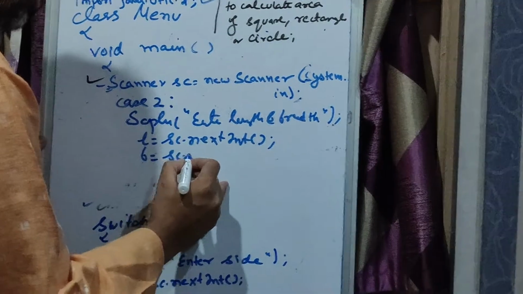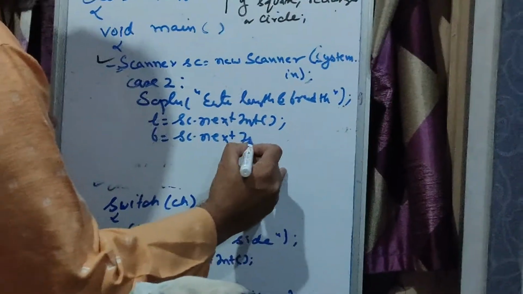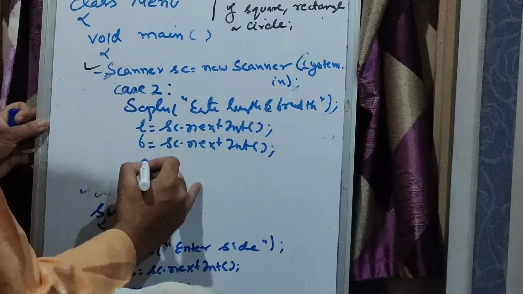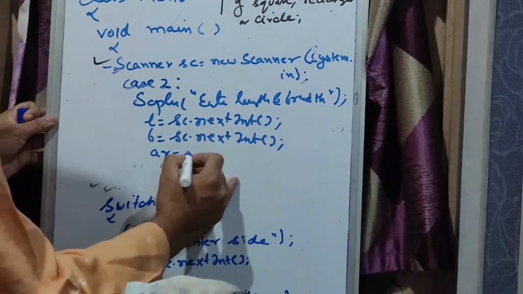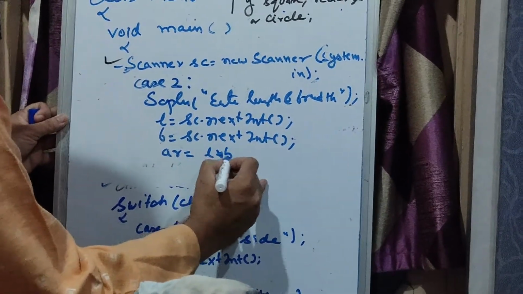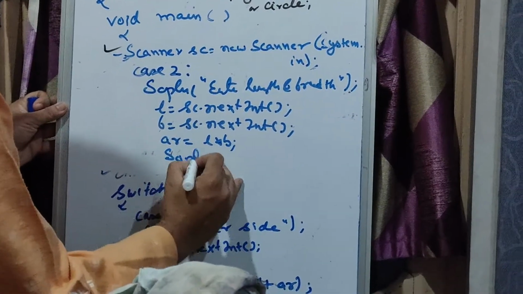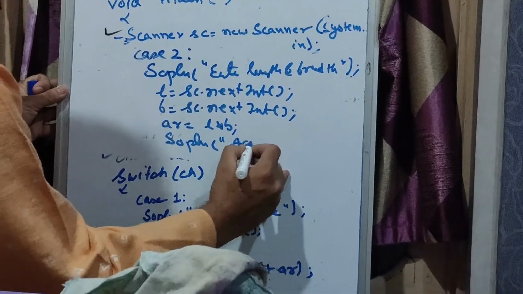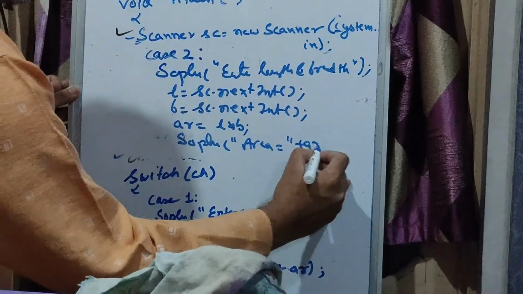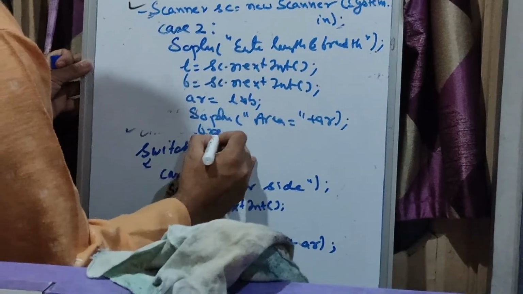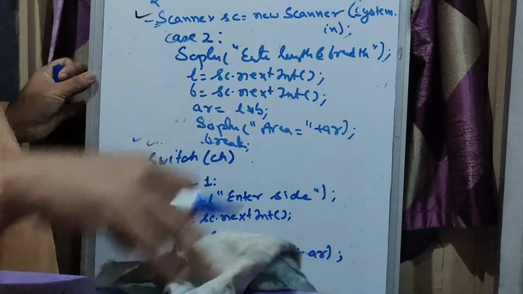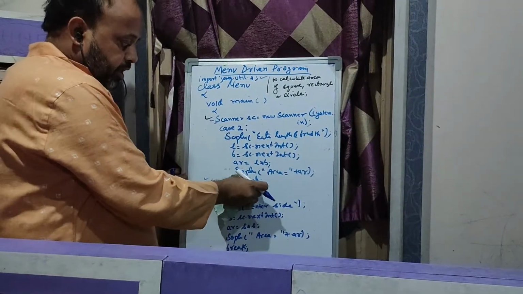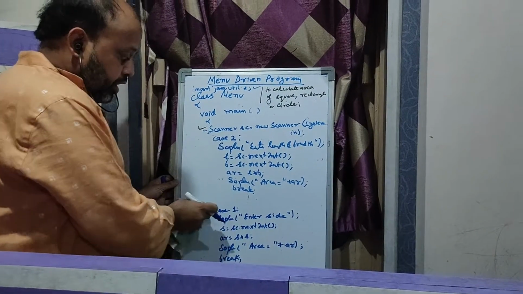Again b same sc.nextInt. If it is an integer, if double you can change it to nextDouble. Same. Area is length into breadth. System.out.println area equals to ar. Again you have to use break. I'm rubbing this part. I hope the rectangle part is also clear.